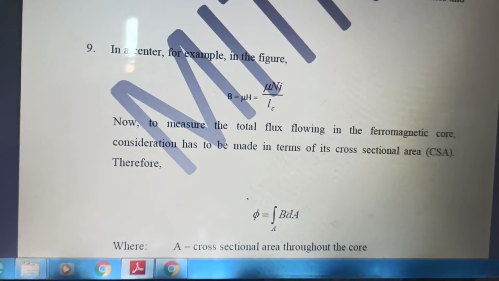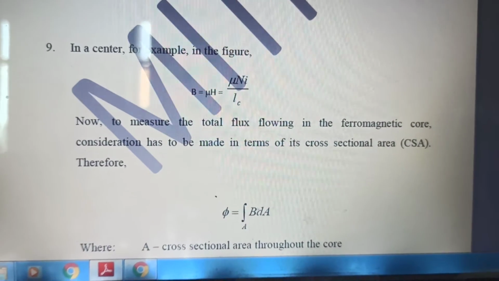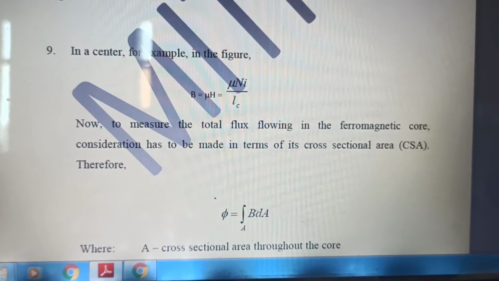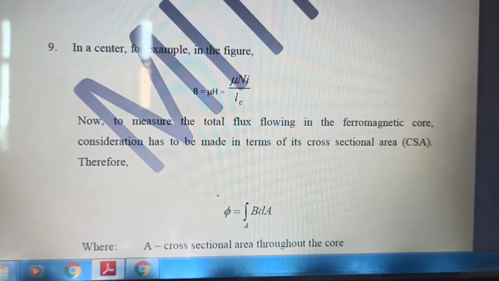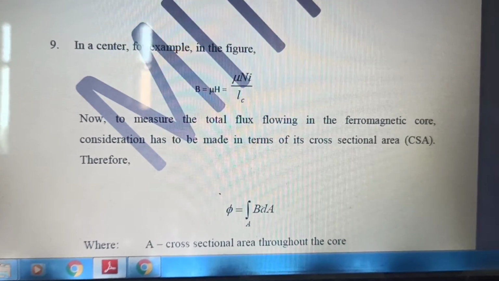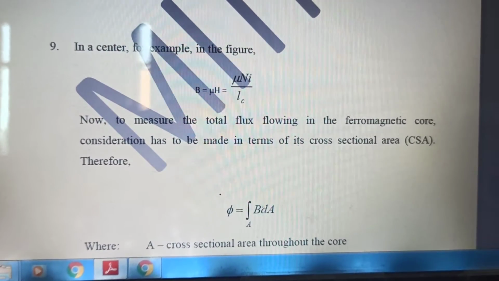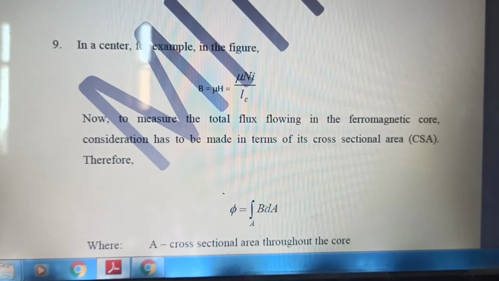One more thing that I would like to discuss before moving further is that we have to take certain precautions while applying Ampere's law. First of all, we will assume that the wire is of infinite length.